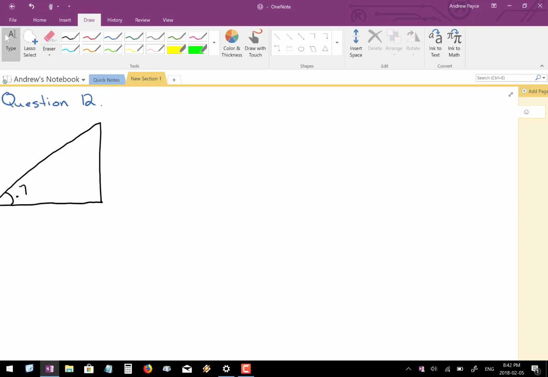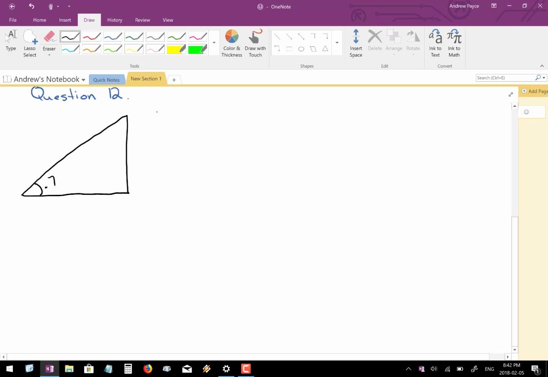So inverse cos 0.7 should give you, once again, 45.5 degrees. Write that down. Not 44 though. 45.